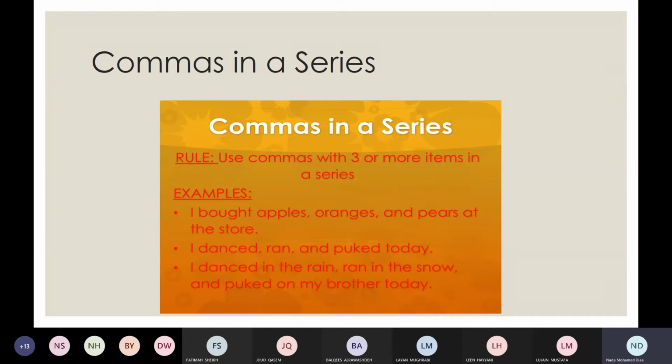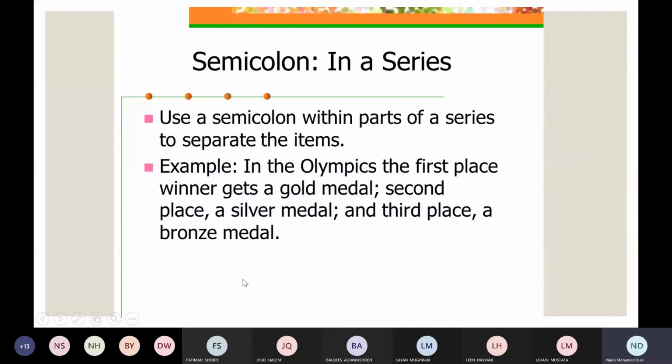When I list three or more items, I add commas. So I bought apples, comma, oranges, comma, and pears at the store. I danced in the rain, ran in the snow, and parked on Brothers today. So comma and comma. Easy, you know it.